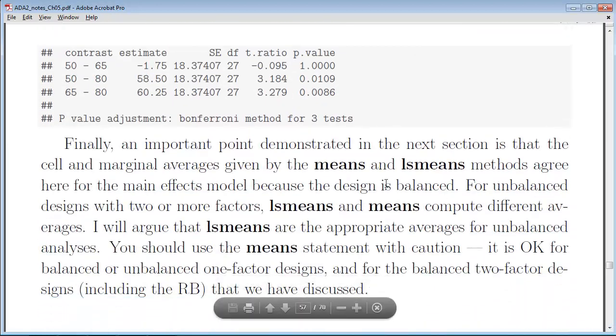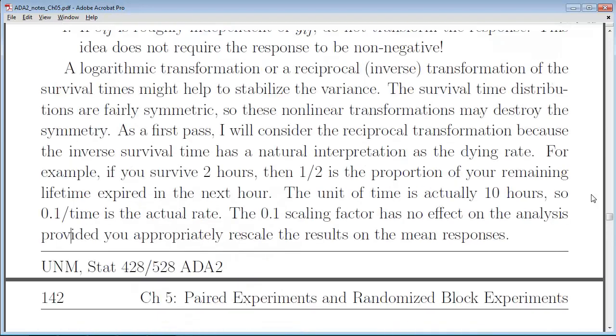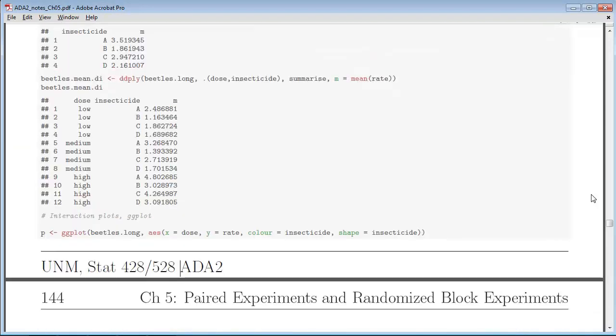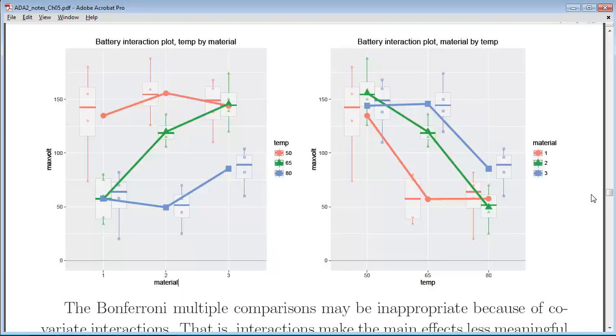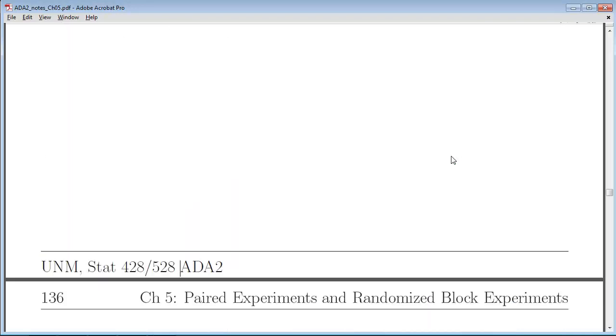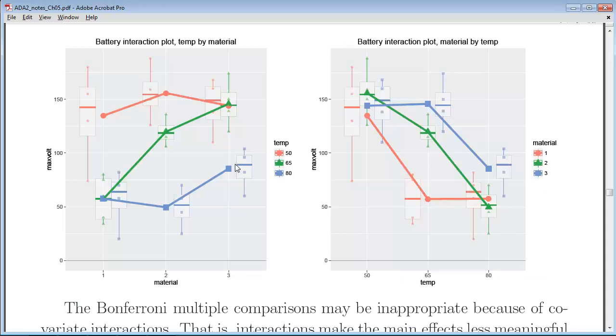So this is just saying lsmeans is the best, and if we scroll up to the image for this data, this is back on page 136. And if I can remember, let's see, what did we have? We had for temperature 65, material 1 was different from the other two.